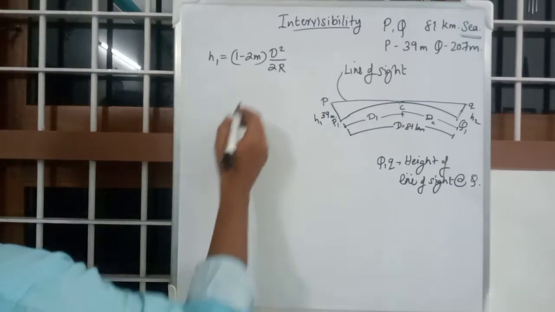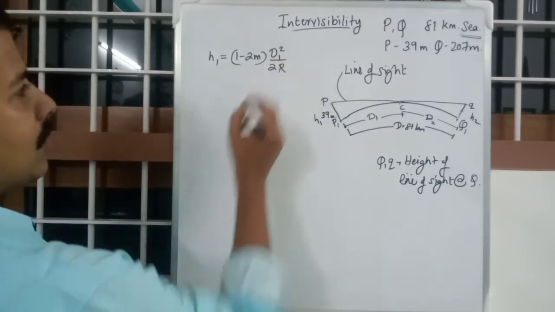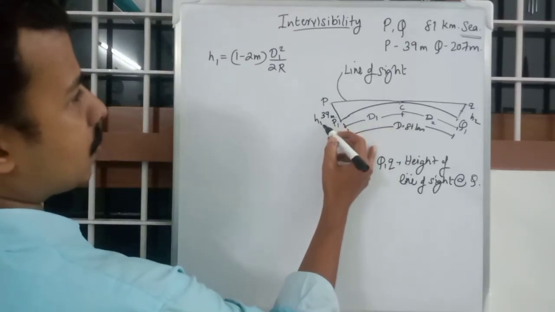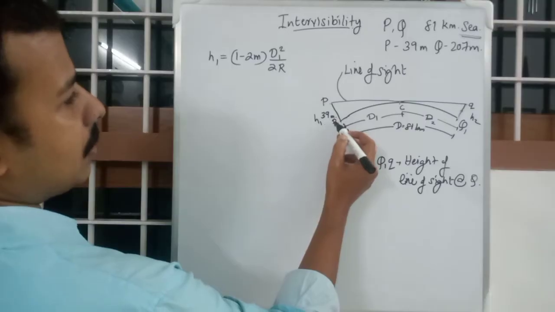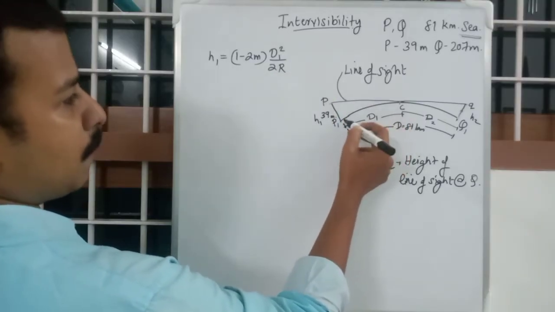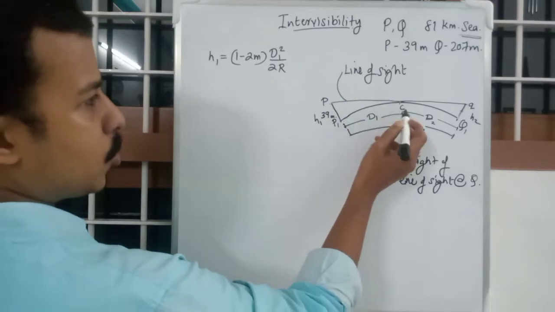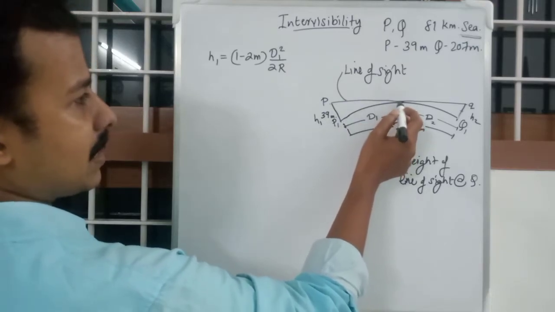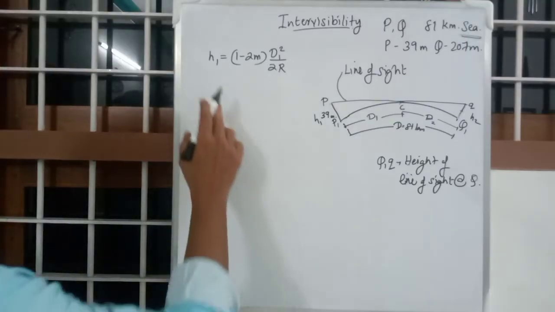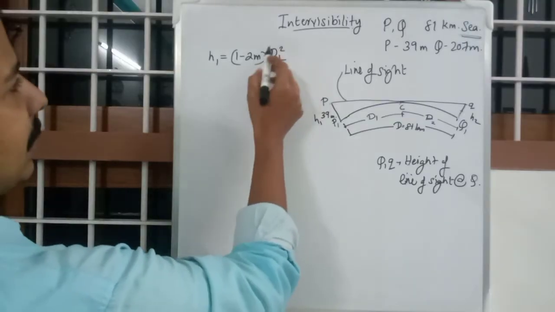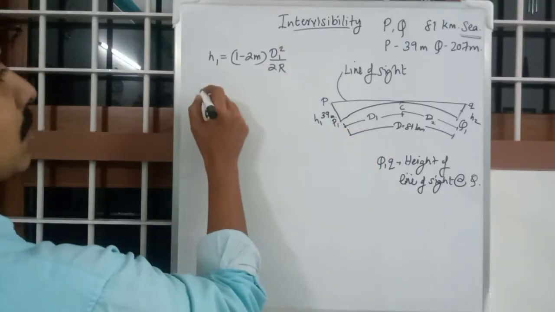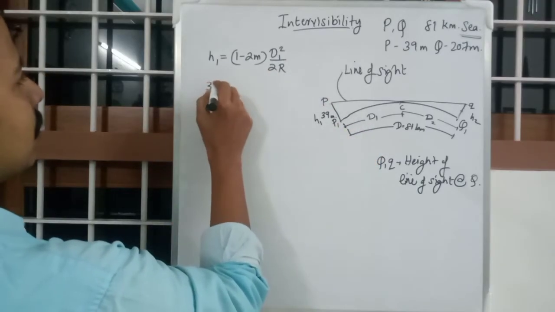And d1 squared, h1 in here, d1 is the distance of that station to the point of tangency C. So from this equation we know everything except d1. So let's find d1. h1 is equal to 39.